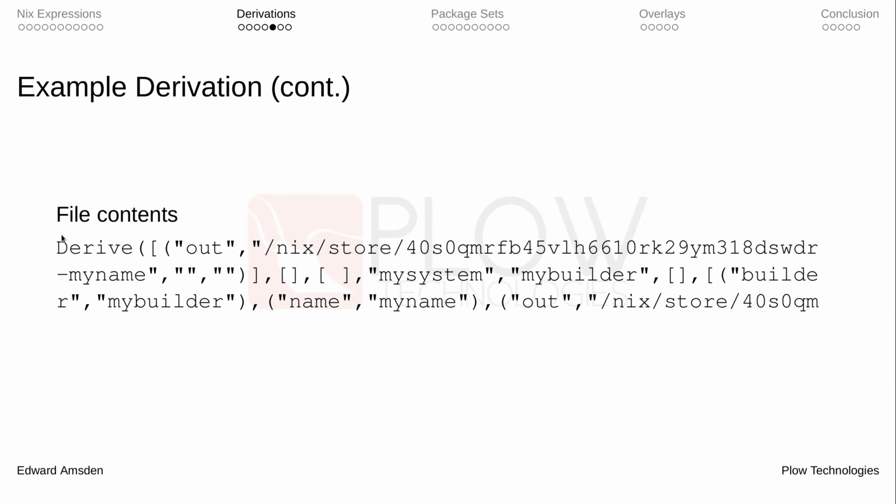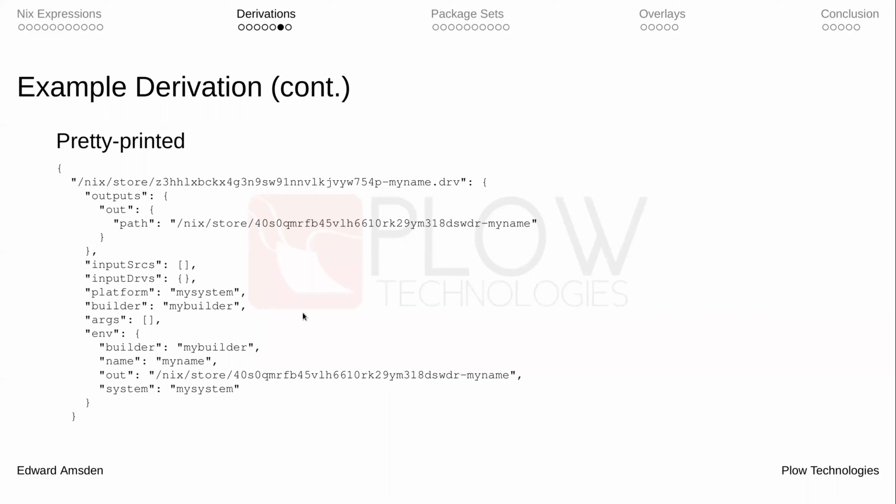But there's a particular expression structure that Nix serializes into aterm format and then writes out to the .drv file. And you can see it's mostly just name value pairs.